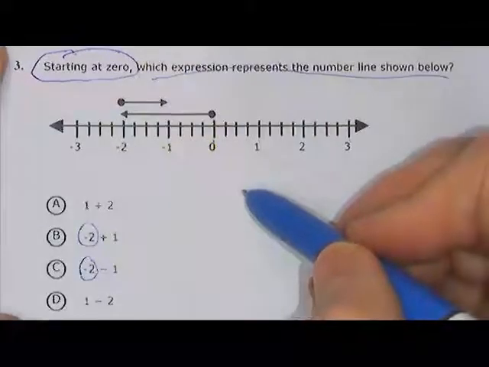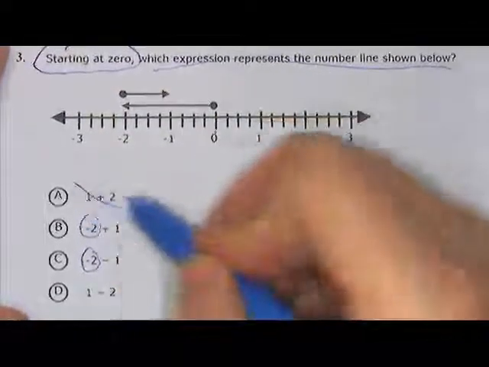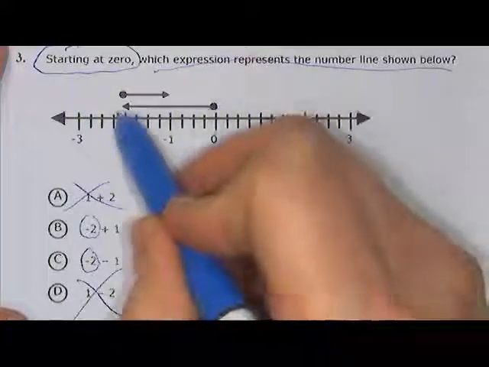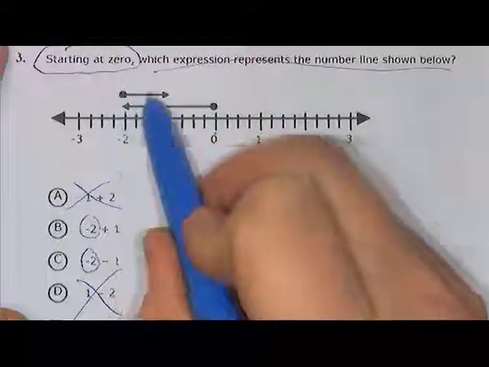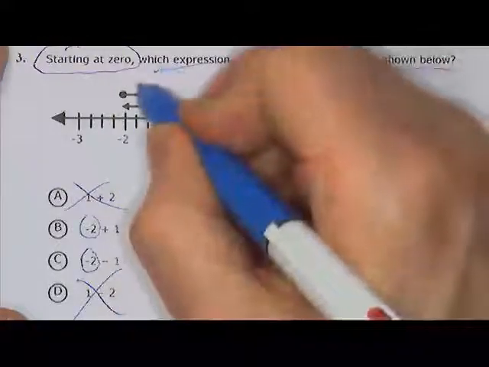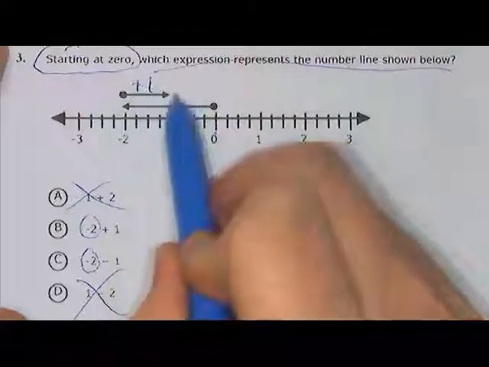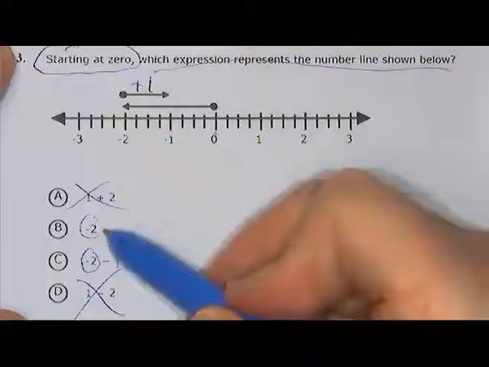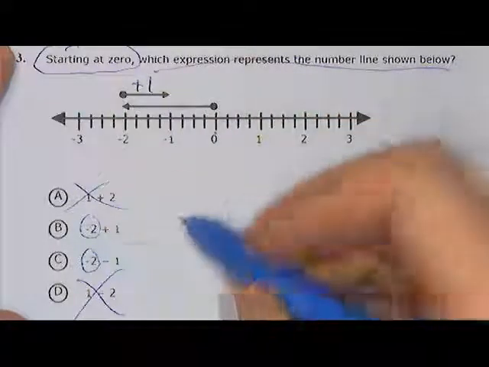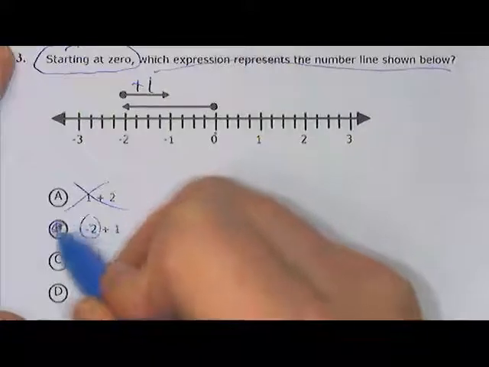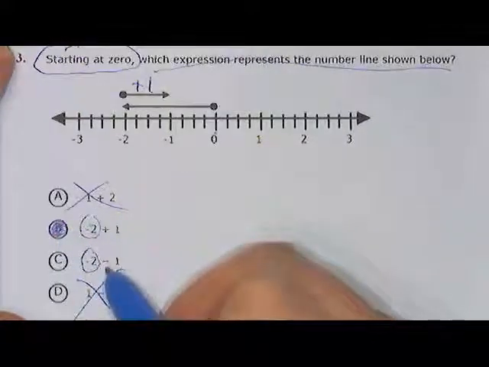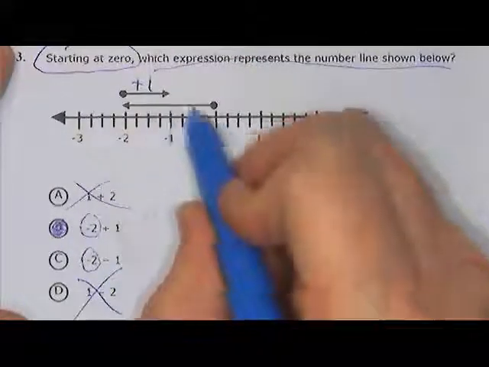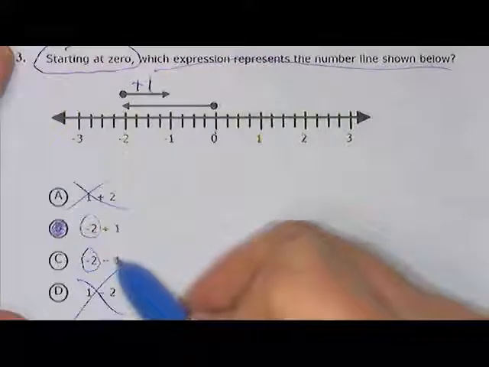It's not the other two, because it's going -2. After it goes -2, then it goes this direction 1 space. It goes +1. -2, +1. Adding 1. This must be the answer. Not this one. This one says going another -1. No, we're not going another 1 negative. So no, that does not work.